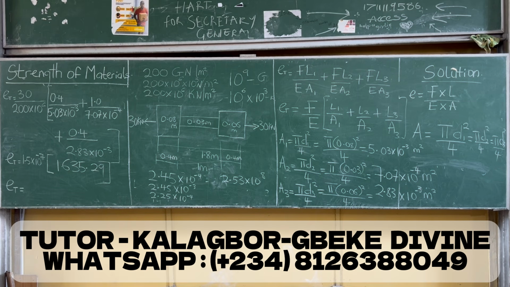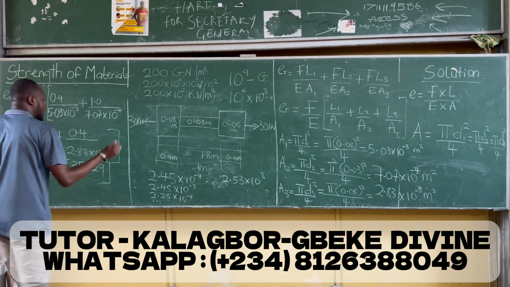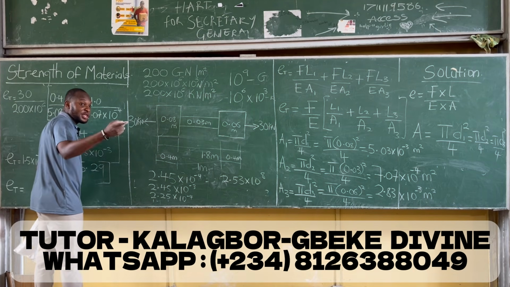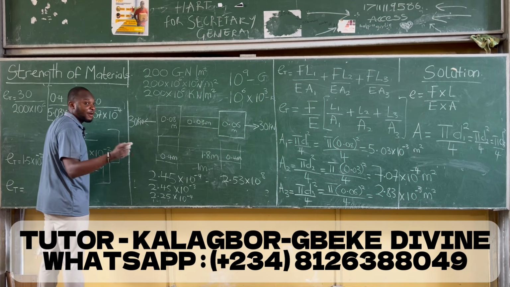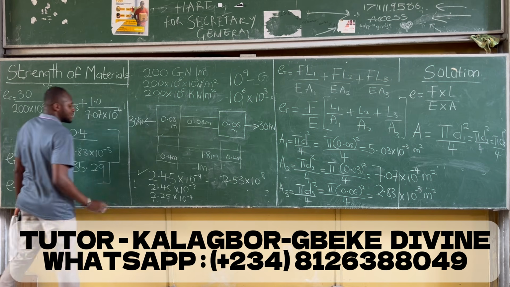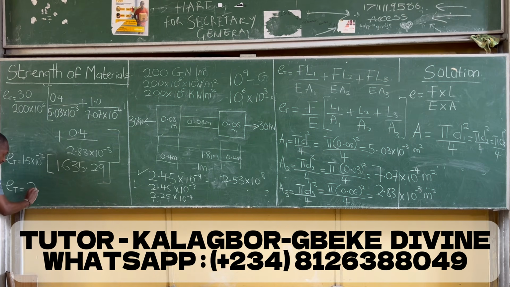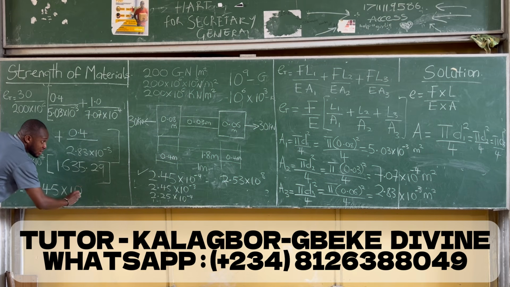So the correct answer is the first one. Please, this is the correct answer. And you say you wanted to change your own. You got minus 3 before. Okay, correct. And the unit is what? 2.45 times 10 raised to the power minus 4 what?